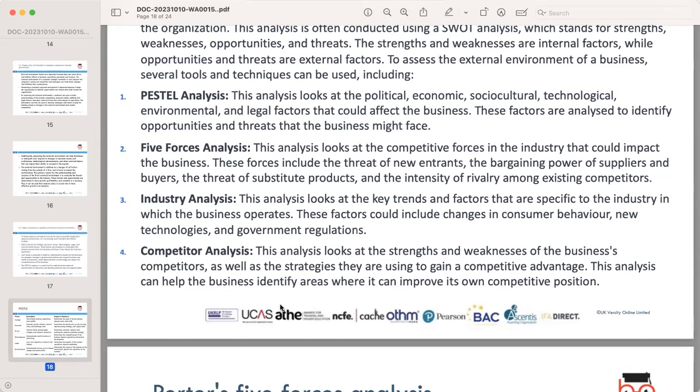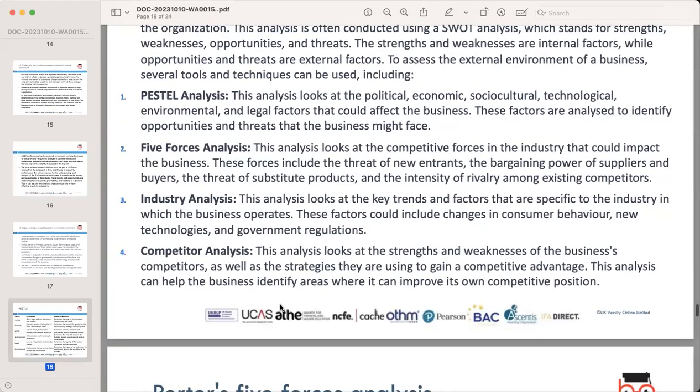So competitor analysis scrutinizes the strengths and weaknesses of the business's competitors, as well as the strategies they employ to gain a competitive edge. It helps the business pinpoint areas where it can enhance its competitive position.